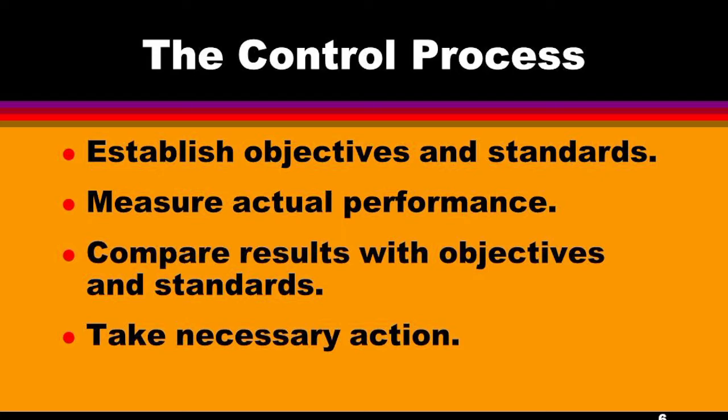Now every day the workers give a count of how many units they manufactured, and we will compare the actual performance with the standard performance to initiate the control process. Compare results with the objectives and standards. Actual and standard will be compared and we take the necessary action.